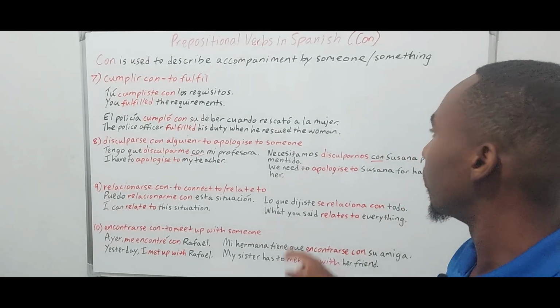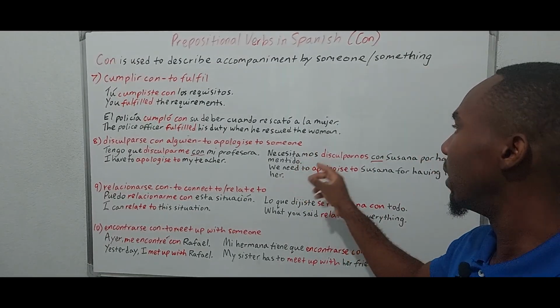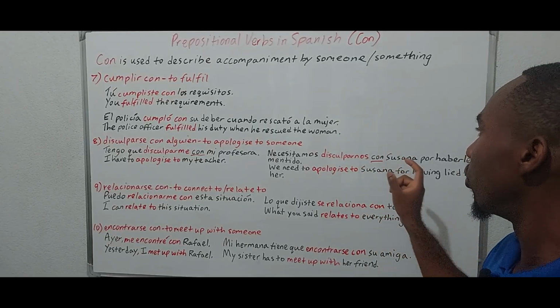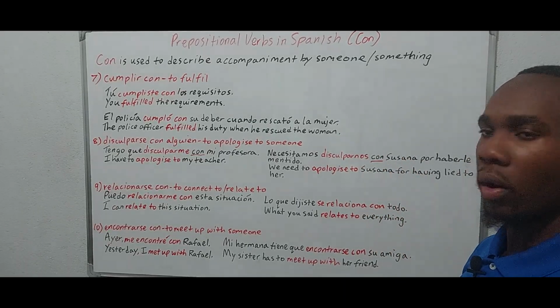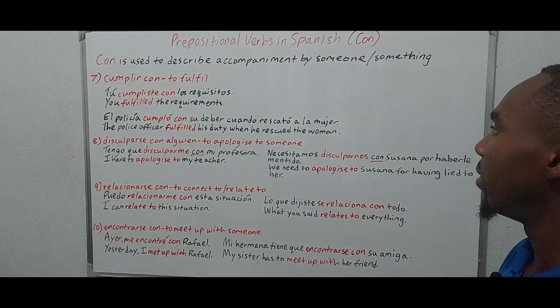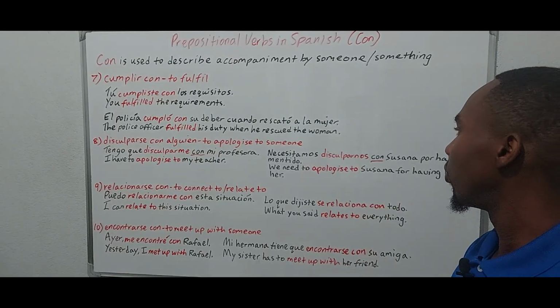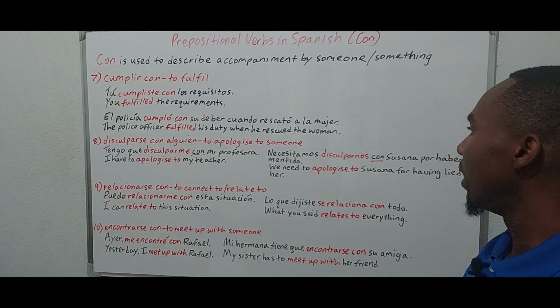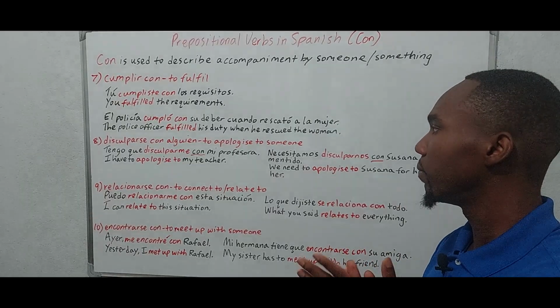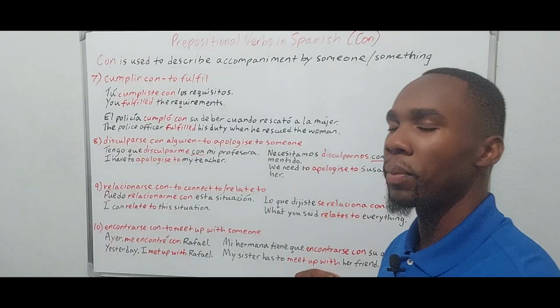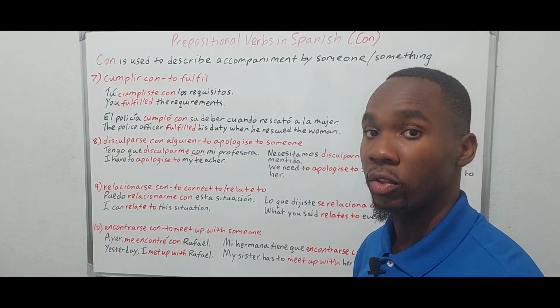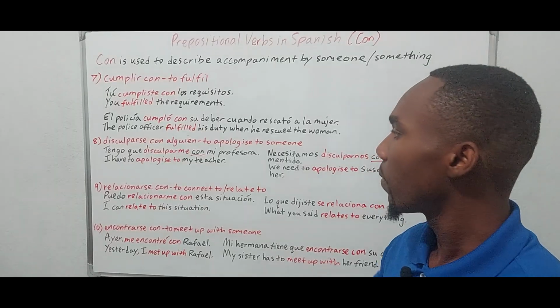So the next example. Necesitamos disculparnos con Susana por haberle mentido. We need to apologize to Susana for having lied to her. Yeah? So disculparse goes with con, not a, con.